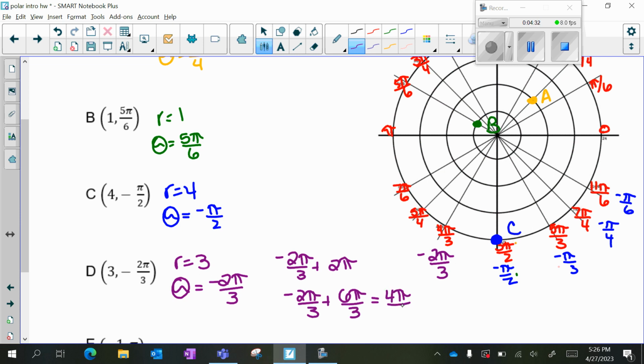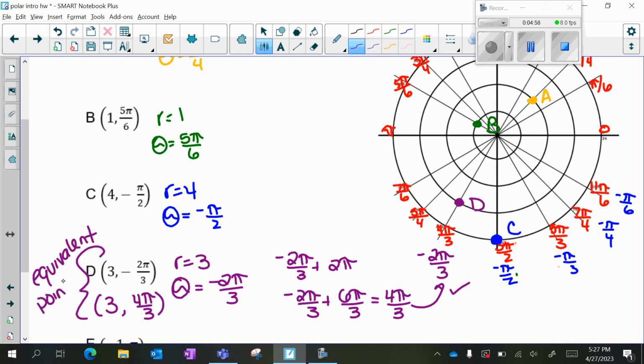Which brings me to 4 pi over 3. So we did it correctly. And my radius was 3, so that's this point here. So we'll look at these more later on, but that point, 3 comma negative 2 pi over 3, is equivalent to this point. These are equivalent points. And you'll be able to find all equivalent points by finding coterminal angles and doing some other things as well.